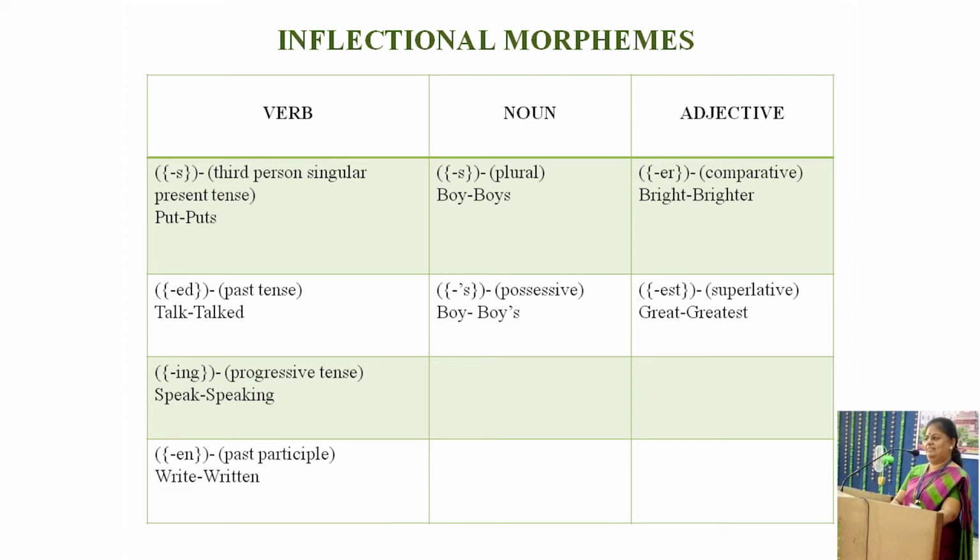For nouns, the plurals: boy, boys, and even the possessives: boy, boy's. For adjectives, the suffixes like "er" and "est," in other words, the comparative and superlative of the adjective, are also inflectional morphemes.